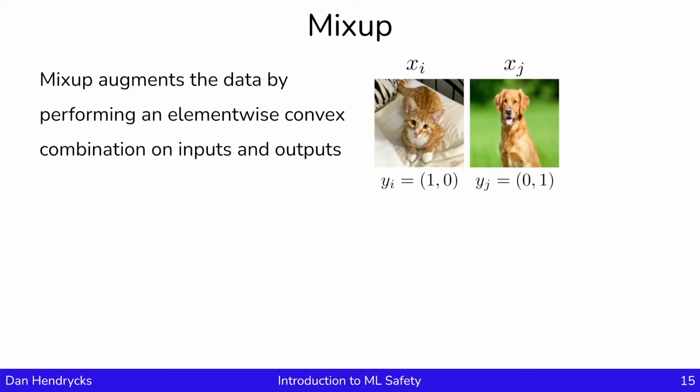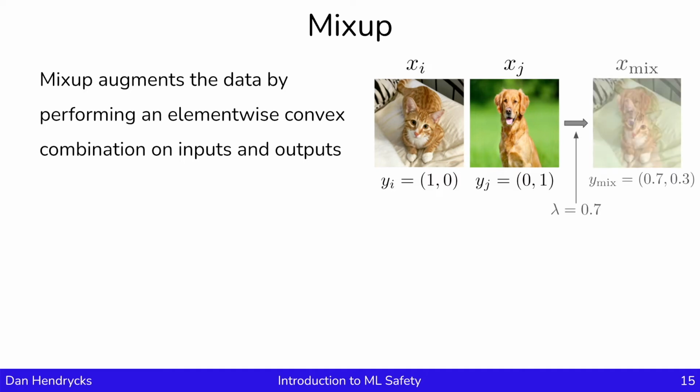So if we had two images, x sub i and x sub j, and there are two labels, then we would have this mix-up image. If we randomly sample the mix-up parameter to be 0.7, then we're having 70% cat, 30% dog. So the label is that the model must predict 70% confidence on cat and 30% confidence on dog.